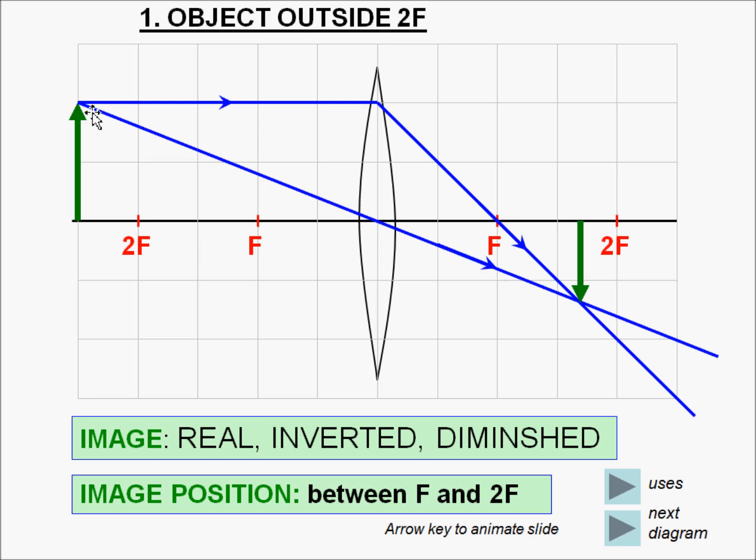This is one I made earlier. We've got the ray that goes parallel, hits the central axis of the lens and then goes through the focus, and the line that goes straight through the center of the lens carries on straight through, and we get this image here. It is real, it is inverted, and it is diminished. It's slightly smaller.